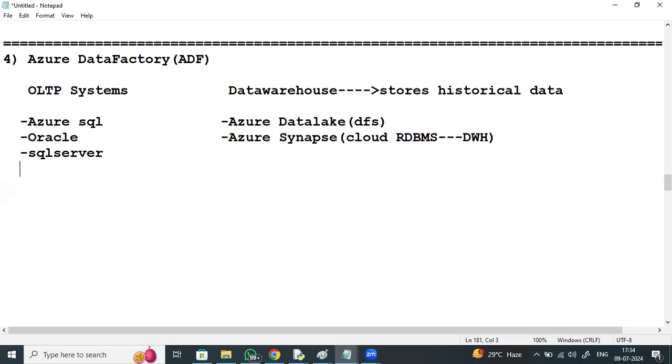MySQL. MongoDB. Azure SQL. Oracle. SQL Server. MySQL. MongoDB. OLTP systems, data warehouse. Okay.